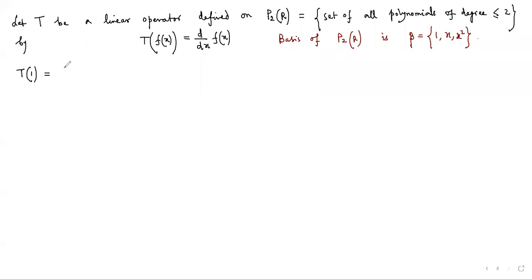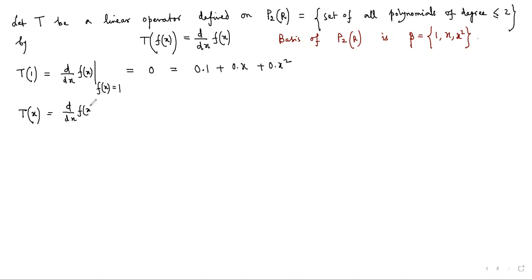So T(1) is d/dx of f(x) at f(x) equal to 1, which is equal to 0. And this can be written as 0 into 1, 0 into x, 0 into x square. T(x) means d/dx of f(x) when f(x) equals x, which is equal to 1.